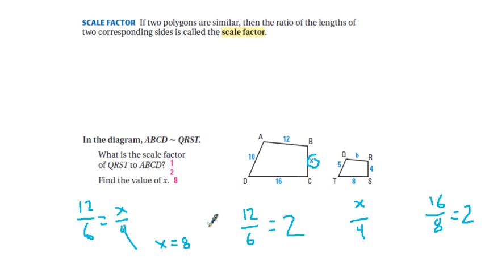But again, we should have known that just by looking at the scale factor. If all these segments in ABCD are twice as long as QRST, that means you would take RS, because RS and BC are the corresponding sides in these similar figures, you would take 4, multiply it by 2, and you would get 8. That's what x has to be. And that's why you get an answer of 8 there for x.